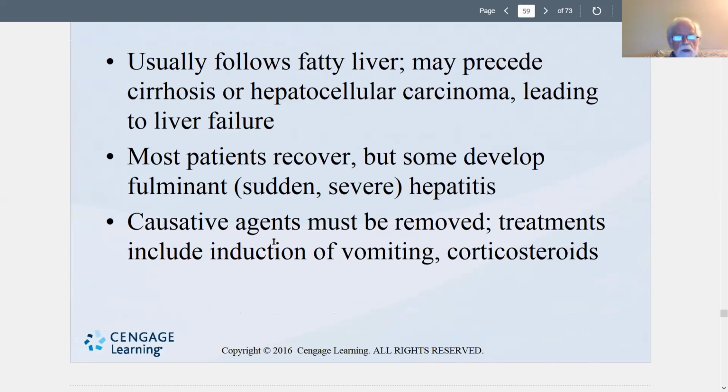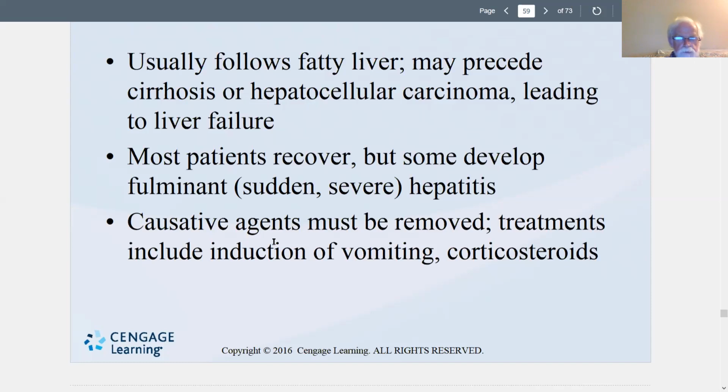Usually, non-viral hepatitis appears after someone has been through fatty liver disease, and it may precede cirrhosis or liver cancer, and it can lead to liver failure.